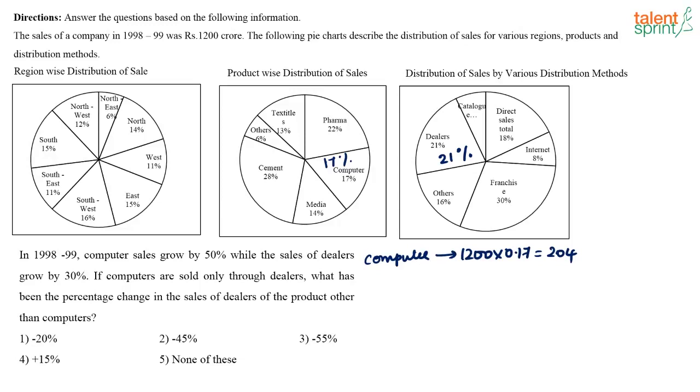The sales of the computers has increased by 50%, or now computer has become 204 plus, that is 50% more, correct? So how much has it become? 150 by 100 of 204, or I can say 204 plus 102, correct? So computer has become so much. It has become, yes, 204 plus 102, that is 306. So this is now how much the computer has become.